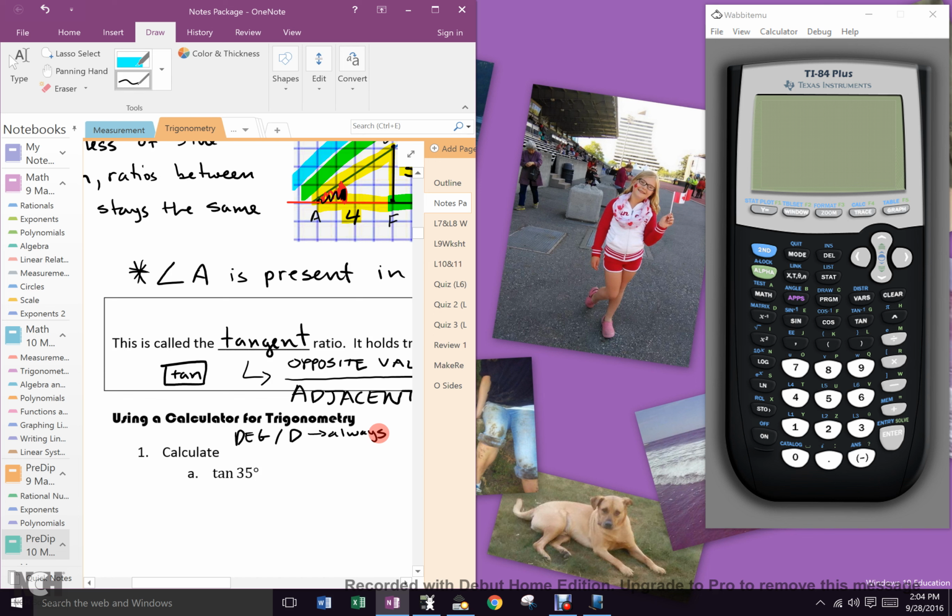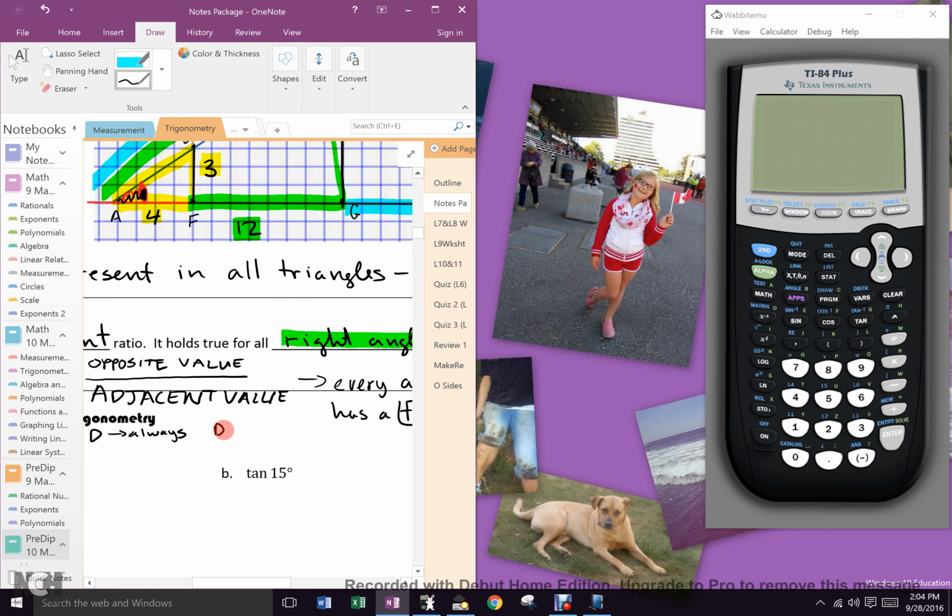If you ever find your calculator without a D, you need to push the button DRG until you have D showing on your screen. The D stands for degrees because we are going to be working in degrees. Does everybody have that?